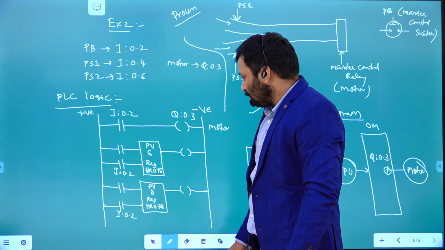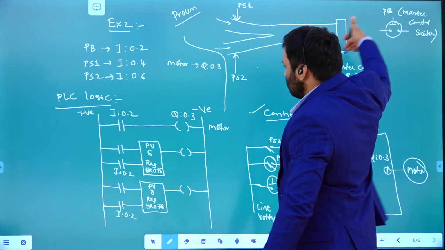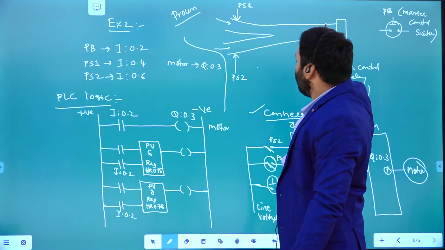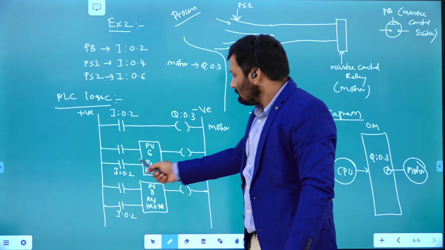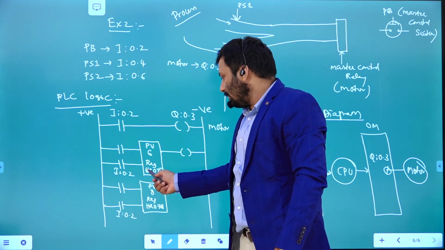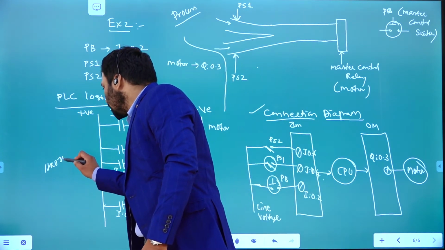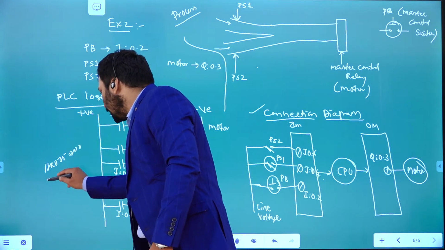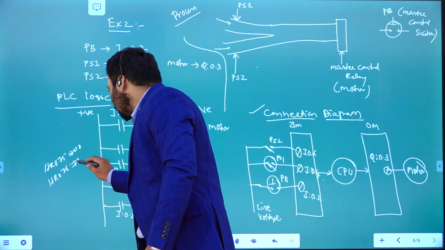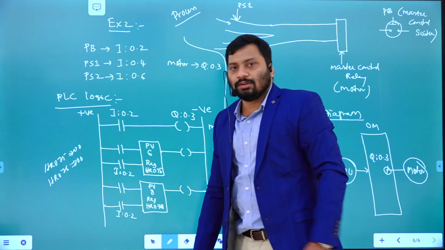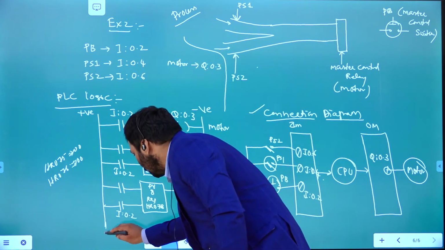So whenever you push the push button, the motor runs and the conveyor belt moves, and at the same time the counters are reset, meaning holding register 75 becomes 0, and at the same time holding register 76 also becomes 0.